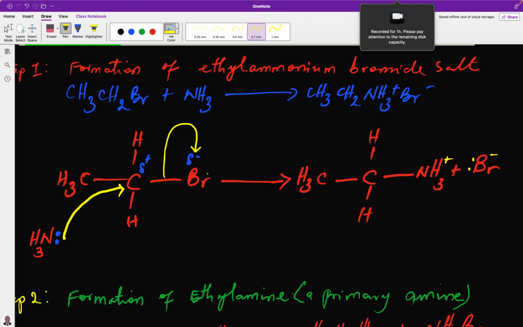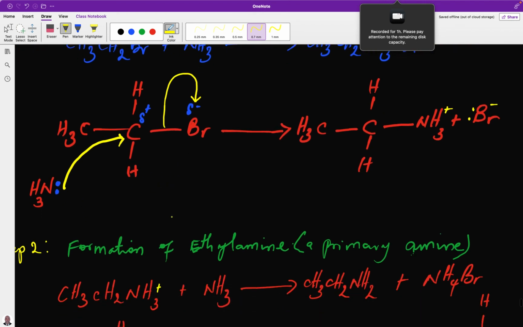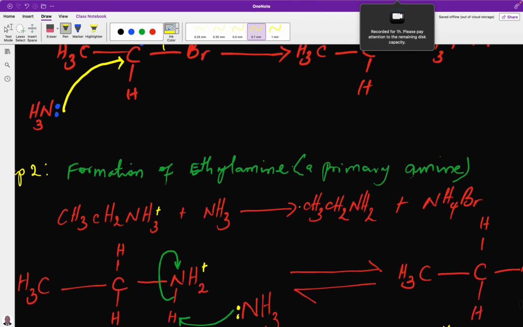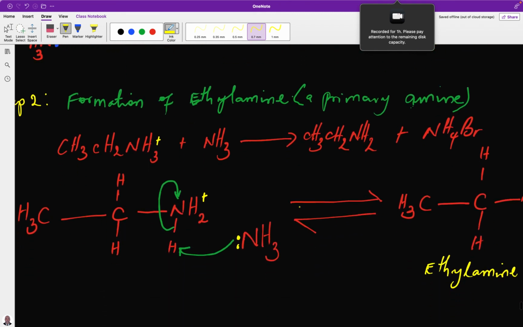There was ionization with bromine leaving and the ammonia attaching itself. Secondly, formation of ethylamine, which is a primary amine. The condition: ammonia must be in excess. So this ammonia in excess attacks the positive center here, repelling electrons towards the nitrogen.